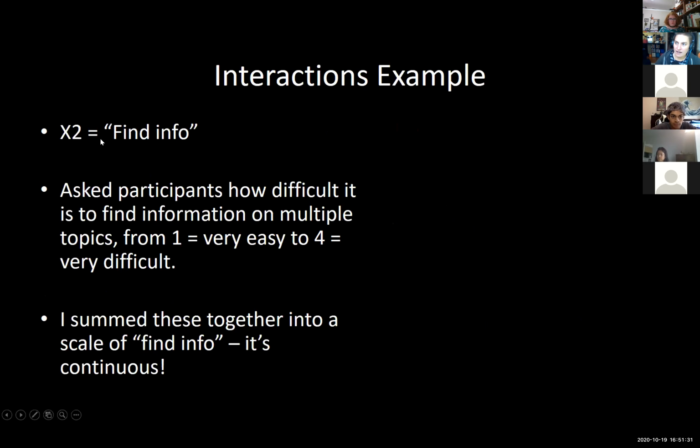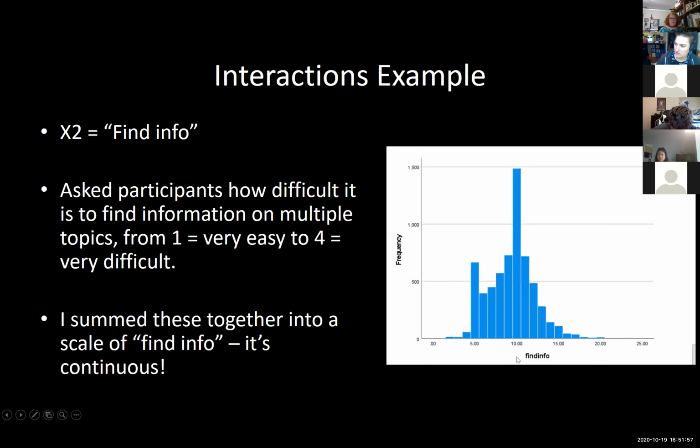Now, the next thing I have is this x2 variable, and the x2 is going to be our moderator variable. This is called find information. They asked participants how difficult it was to find information on multiple topics. And each one was rated from 1, very easy, to 4, very difficult. And I summed these together into a scale called find information, which is continuous.